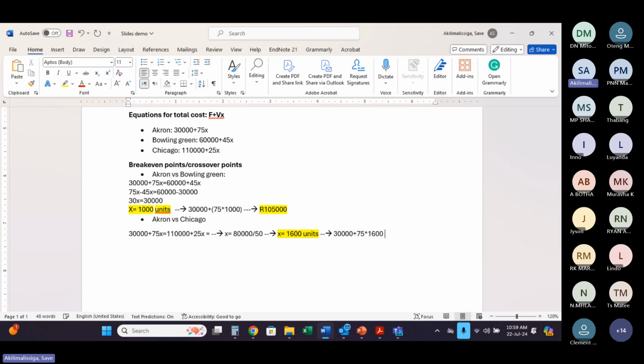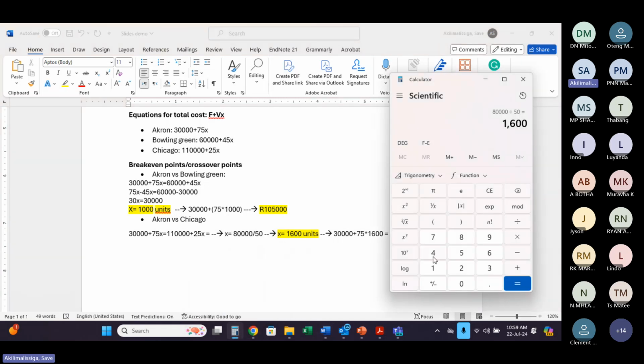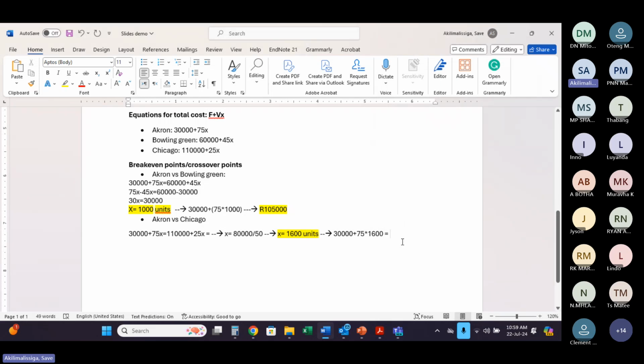And that gives us a value of, so that is 75 multiplied by 1,600 plus 30,000. That is 150,000. So 150,000 rand. So this is now the cost of producing 1,600.